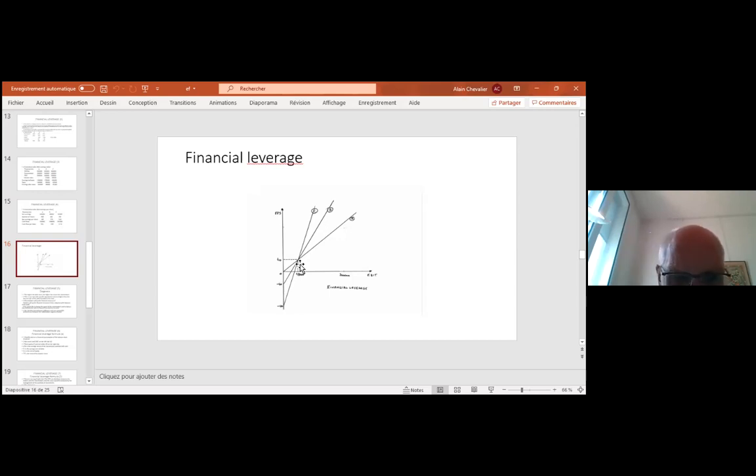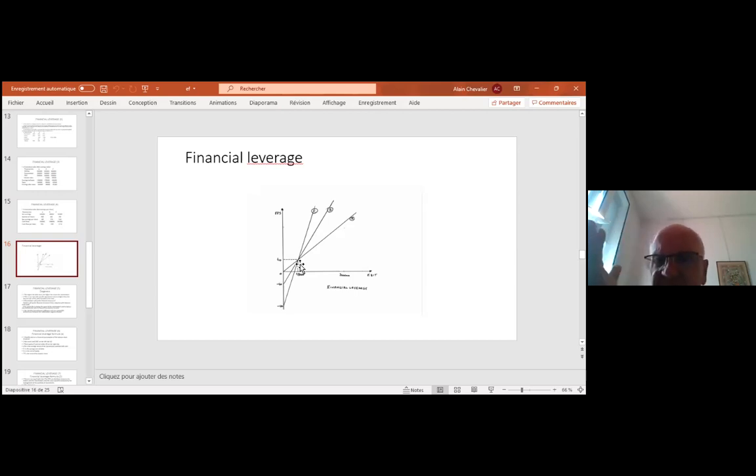And you will see later, if you like, that you are able to calculate. Okay? So that means there is a point somewhere where the earning per share for a mix with 50% debt, 50% equity is the same as for a 100% equity financial structure.